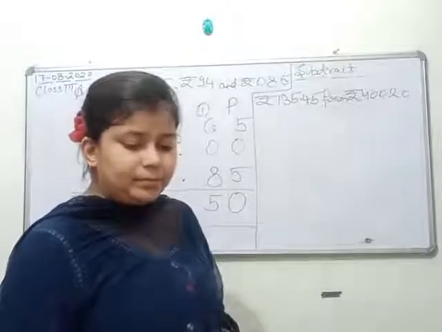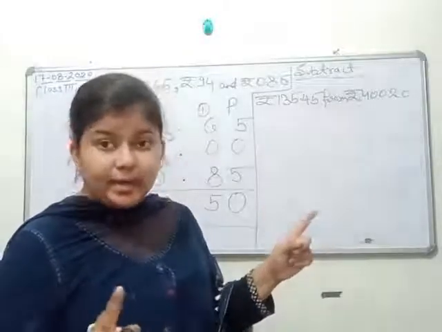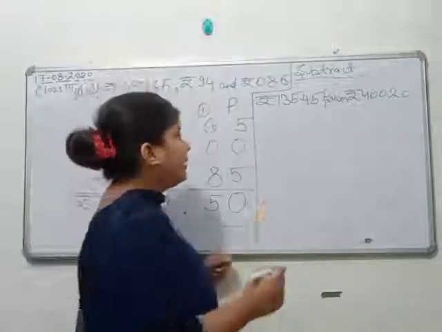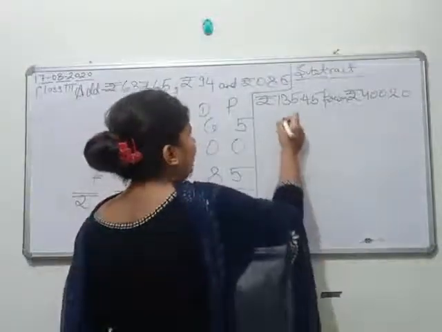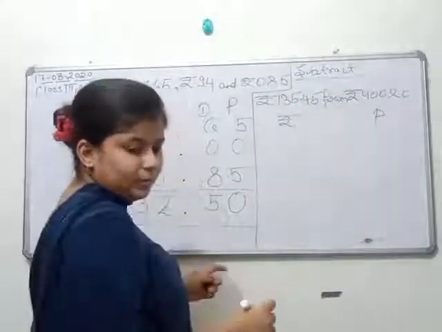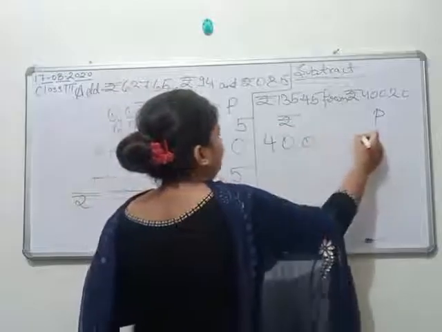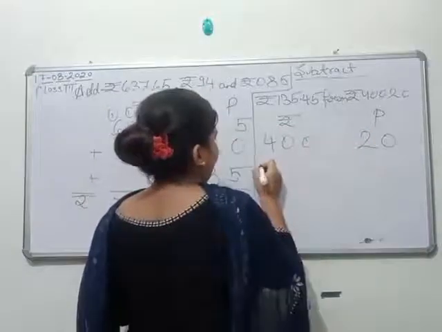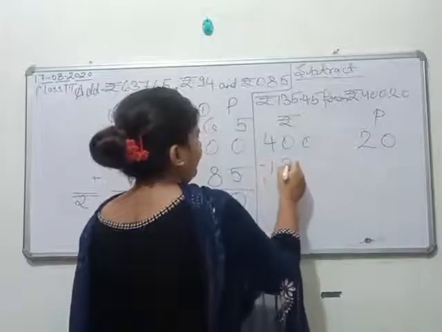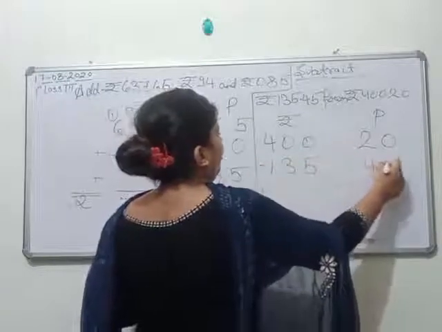Okay. So what do we have to do here? We have to subtract. So we will write the greater number first. The greater number is 420. But before that we have to make a rupees column and a paise column. So we will write 420 and from that we have to subtract 135.45.